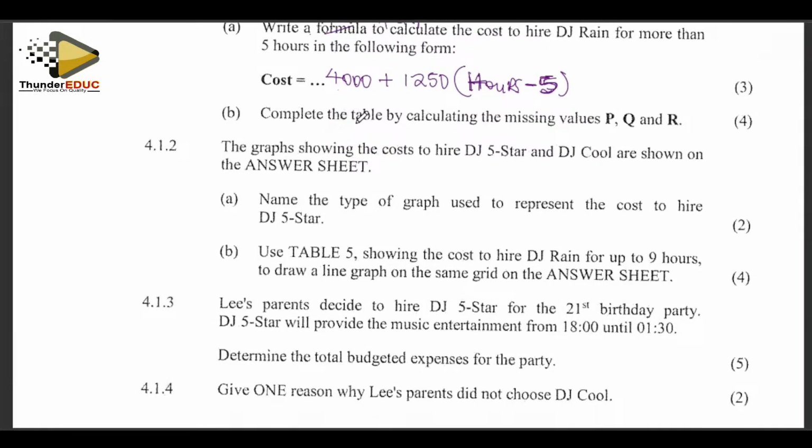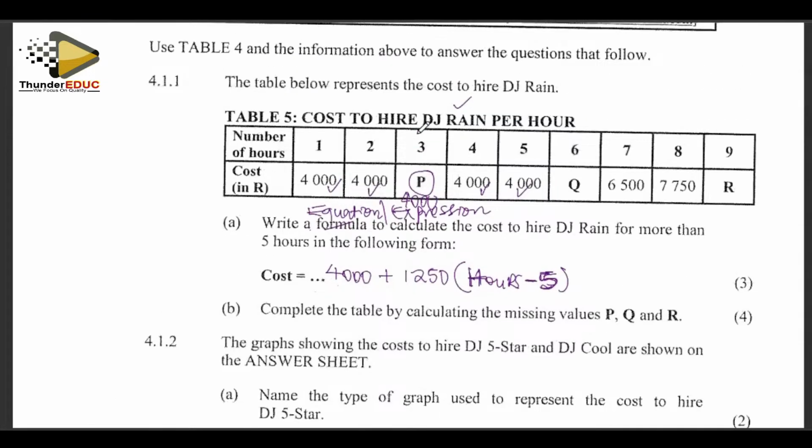Complete the table by calculating the missing values of P, Q, and R. As I told you, P you can't calculate, so the value of P is 4,000. Then we go to Q. The hours have gone to 6 hours. How much have they exceeded? They have exceeded by 1.